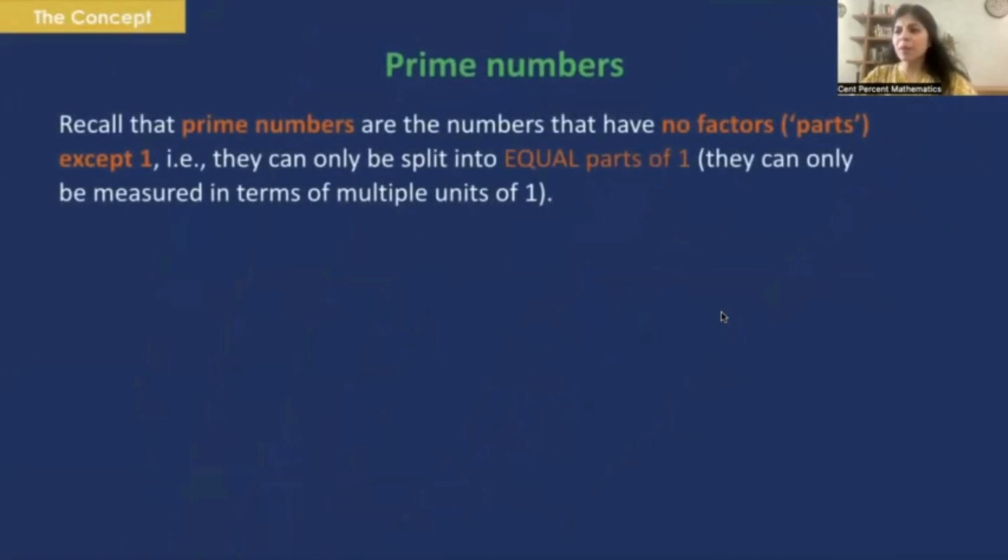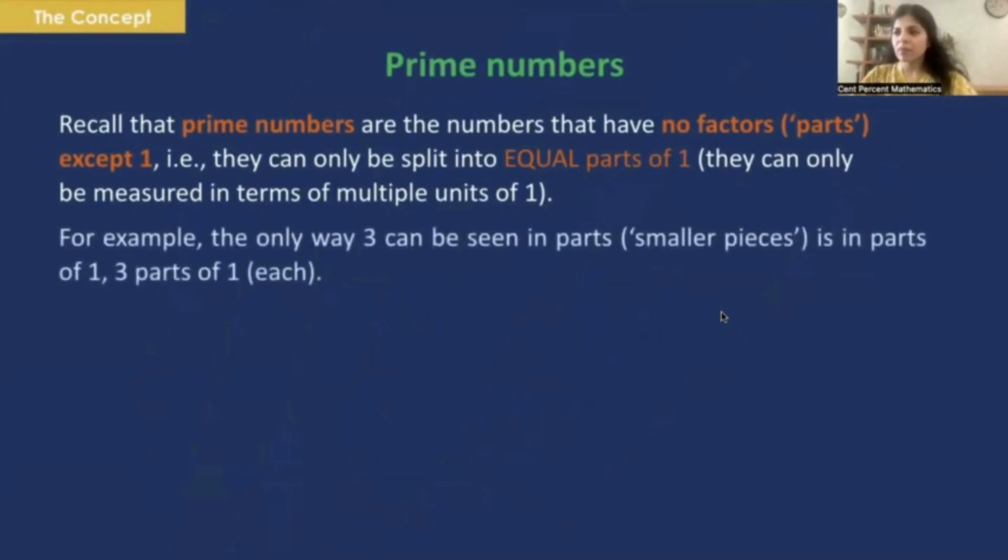Now let's understand what we mean by prime numbers. Prime numbers are the numbers that have no factors except 1. That means they just have two factors, 1 and the number itself. And what does that mean? They can only be split into equal parts of 1. For example, if I talk about the number 3, how do you see number 3?